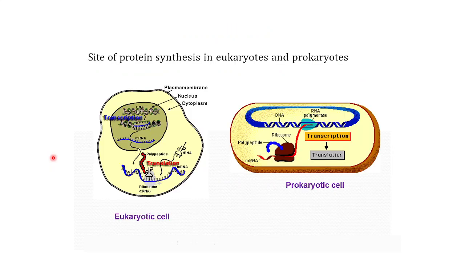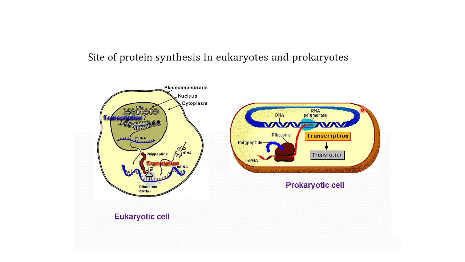That's the central dogma. Now, the site of protein synthesis in eukaryotes and prokaryotes, you can see over here that this is the location where the translation is taking place. From the nucleus, the mRNA is released into the cytoplasm, and over here the translation is taking place for a eukaryotic cell.